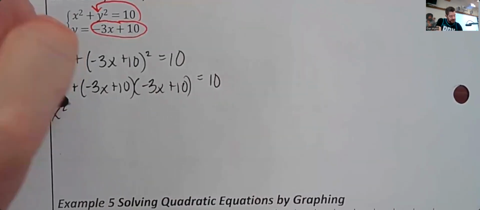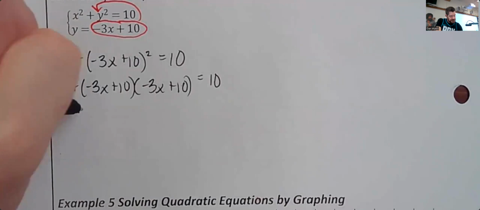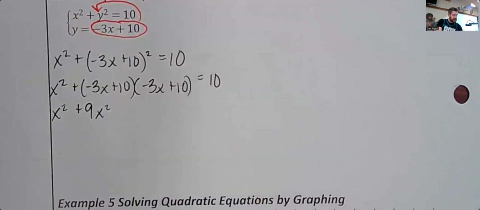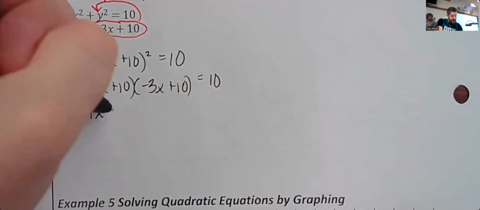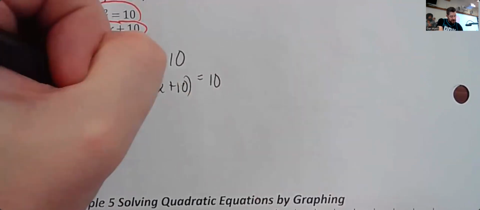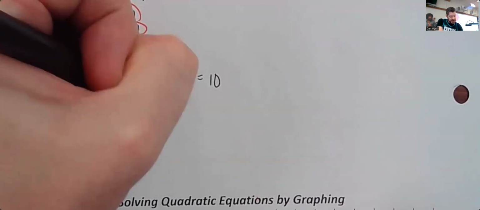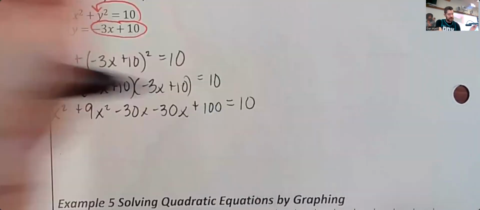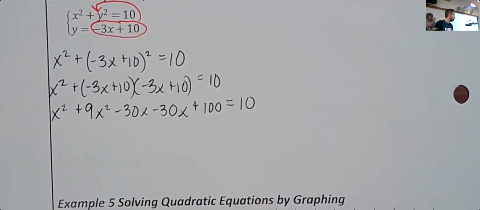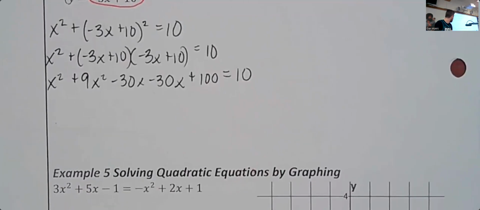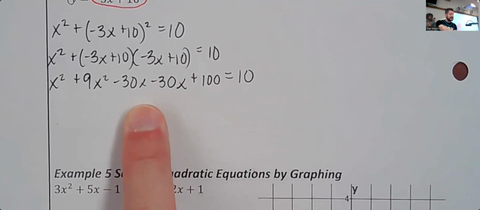So that'll be x squared. Negative 3x times negative 3x will be plus 9x squared. The outer terms would be minus 30x. The inner terms would also be another minus 30x. And then last times last, 10 times 10, would equal 100. And then the whole thing is equal to 10. We use FOIL and put the two terms in the middle together, that'll be minus 60x.